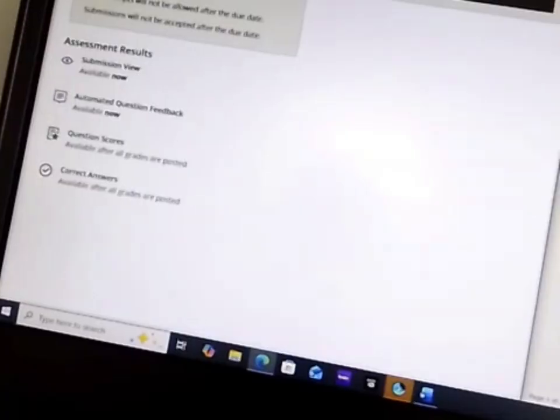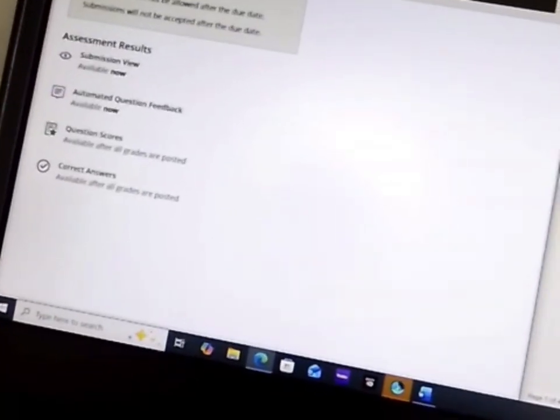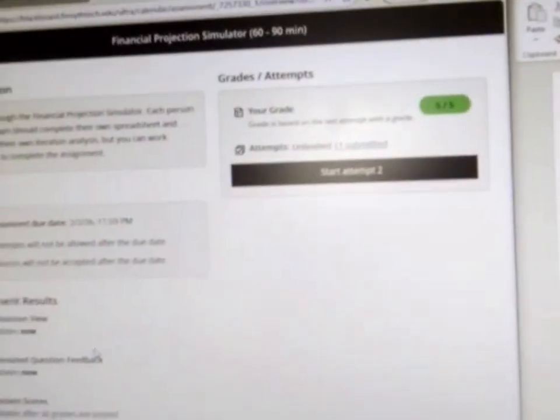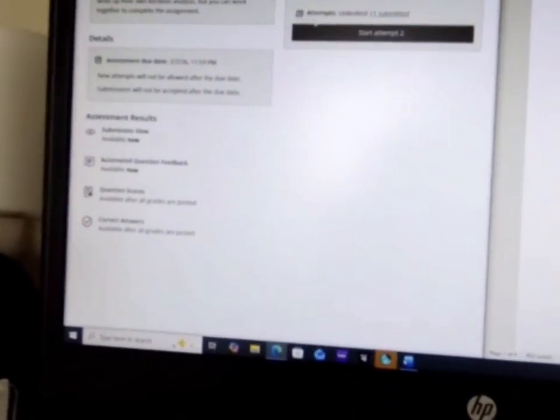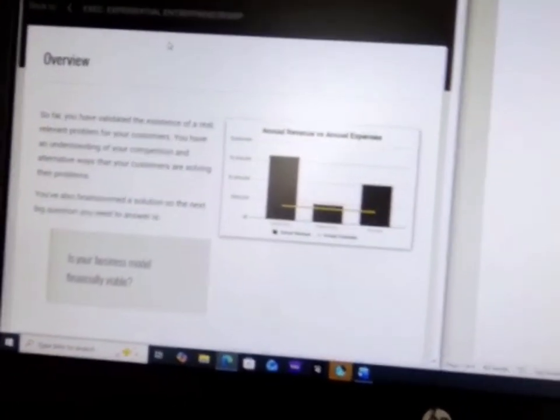Let me see if it'll let me look at it. This is my first assignment that I did, and it was on that simulator thing. I'll show y'all what it looks like real quick, and that's gonna be it. It was one of these assignments, and this is what it looked like.